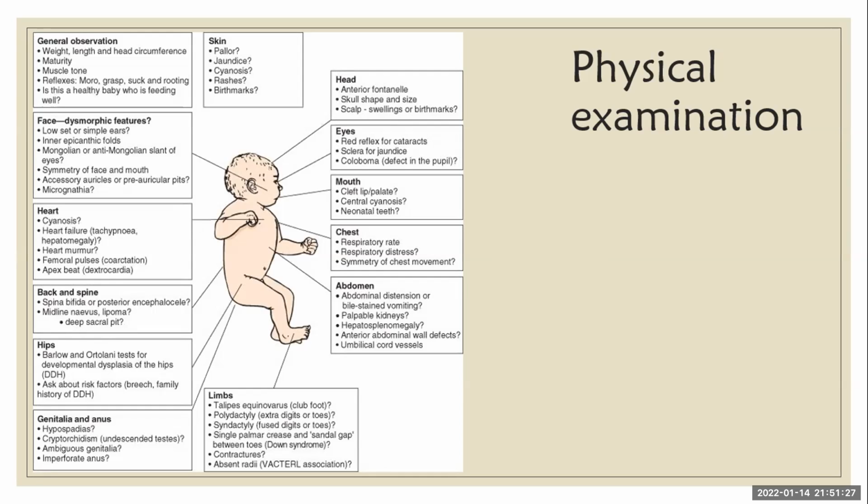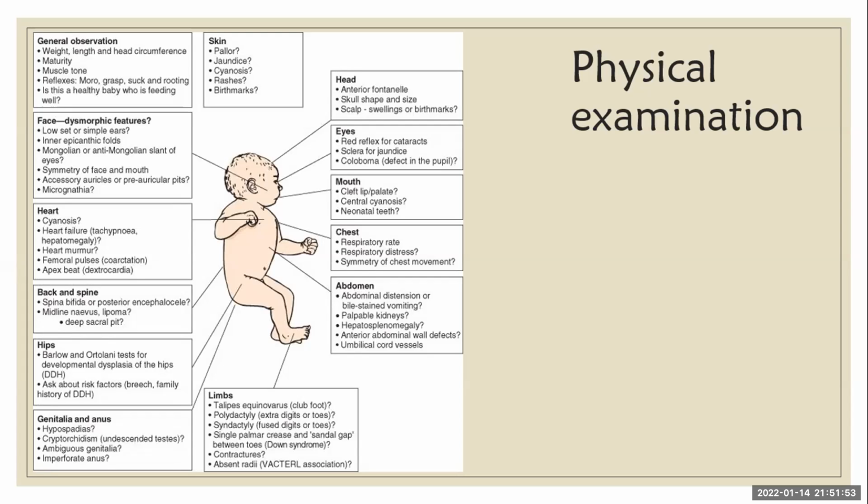And for the cardiovascular examination, we need to elicit whether there is a sign of heart failure, such as tachypnea, hepatomegaly, or whether there is presence of heart murmur, femoral pulses, and we need to palpate the apex beat.